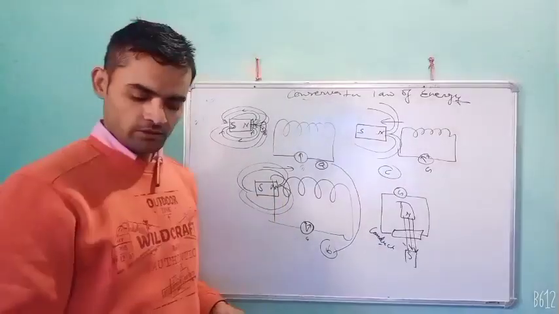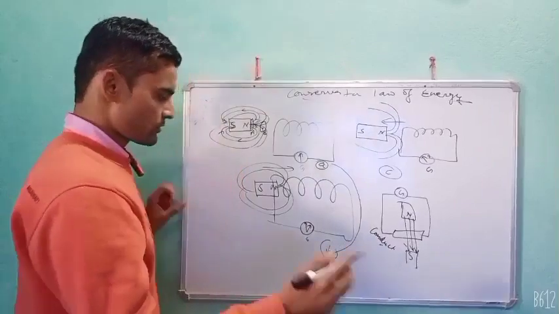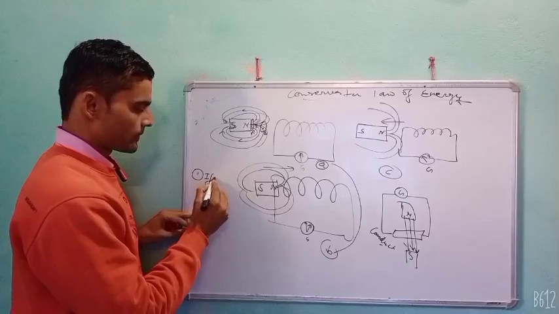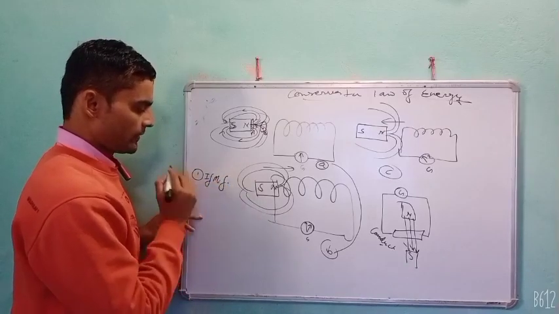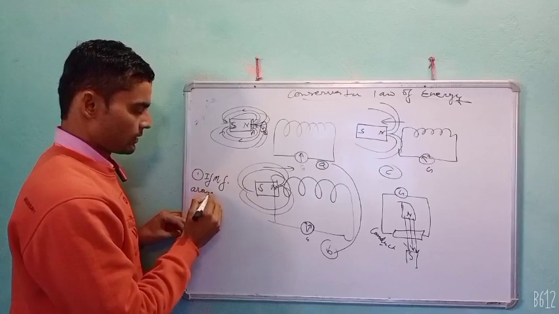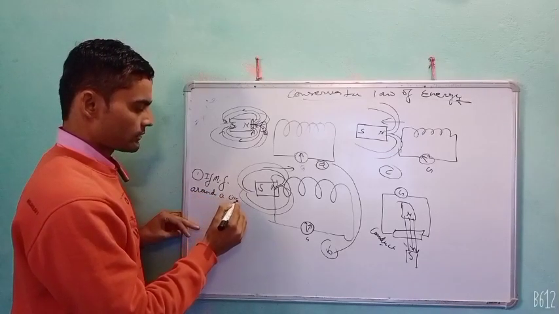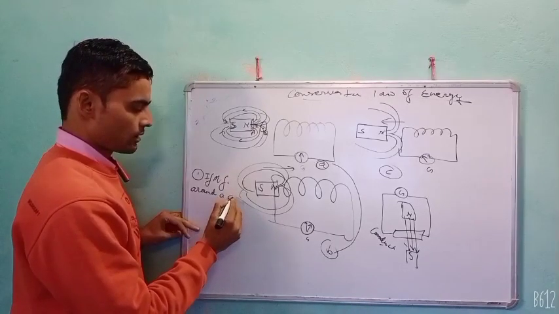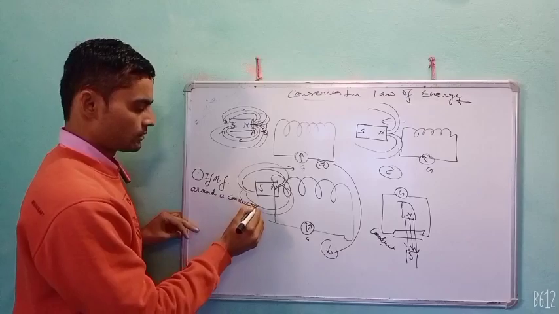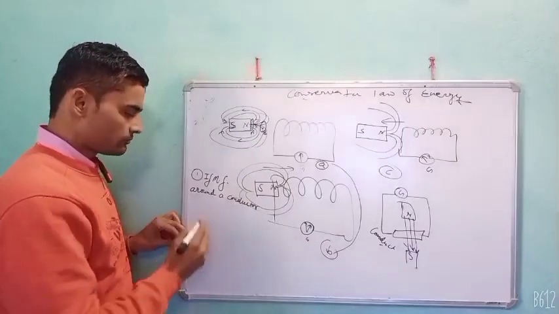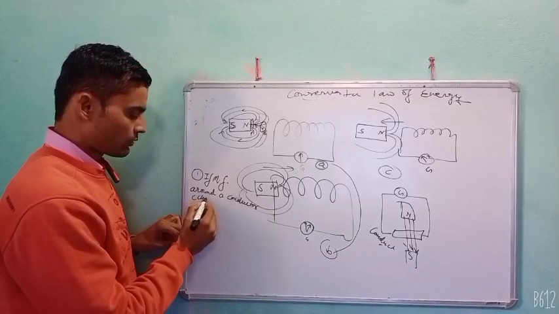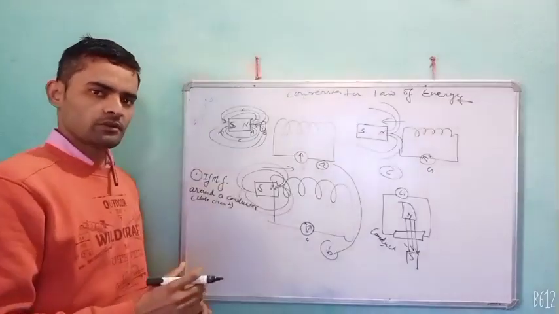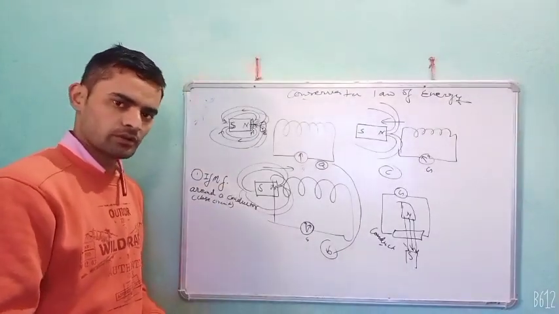So here come some conclusions. Conclusion number 1: the conductor should be part of a closed circuit, not a normal wire. You are not going to get this otherwise.